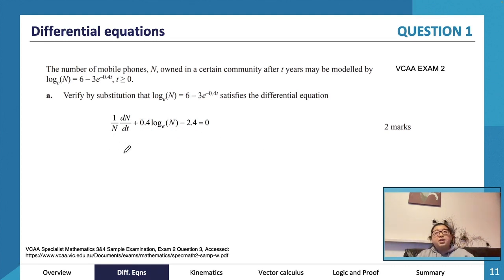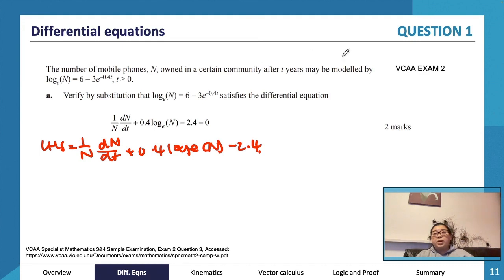So we want to say that the left hand side will equal (1/N)(dN/dt) plus 0.4 ln N minus 2.4. Right, cool. So that's our ln N equation in terms of what the equation actually is.